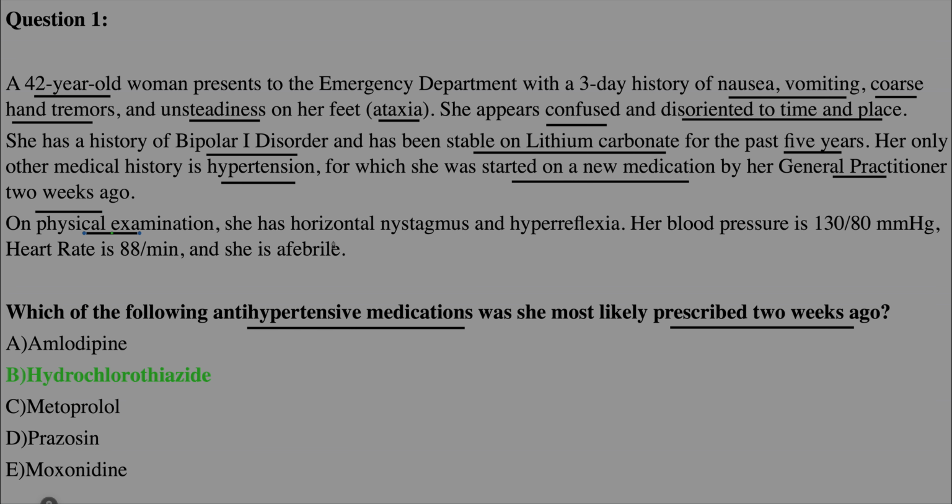She has horizontal nystagmus and hyperreflexia. These are our objective findings. For vitals, blood pressure is 130/80, heart rate is 88, and she is afebrile, meaning no fever.